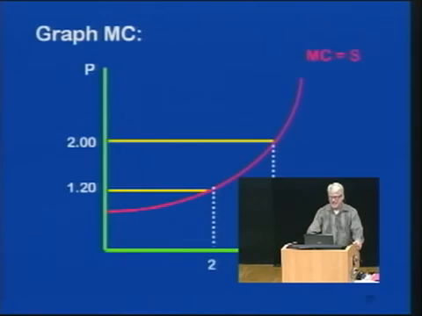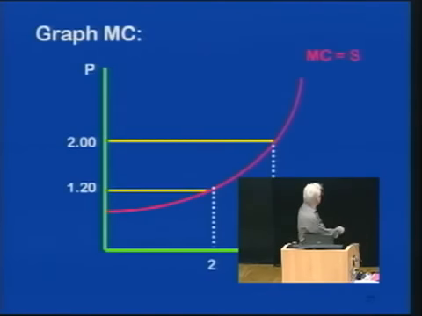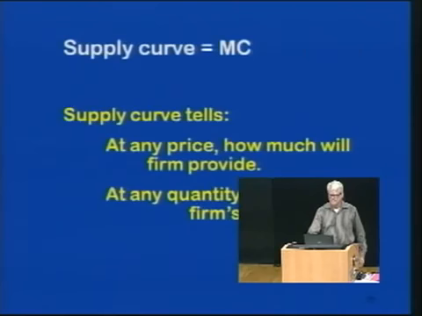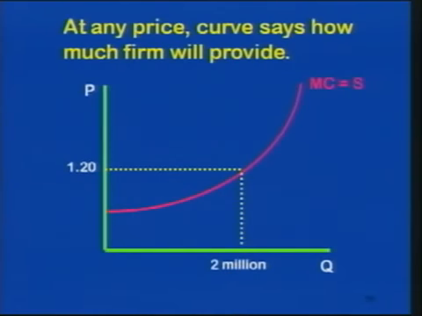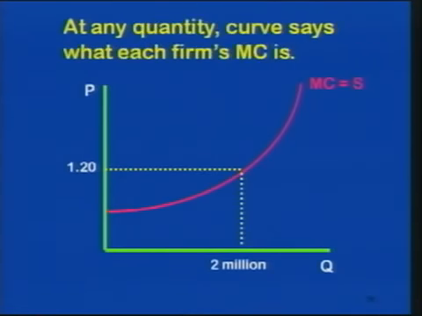At another price, you'd have the higher quantity, or at 4 million produced, the marginal cost is $2. So that's what I've already said. The profits of the firm can be shown on this graph, at least their operating profits.